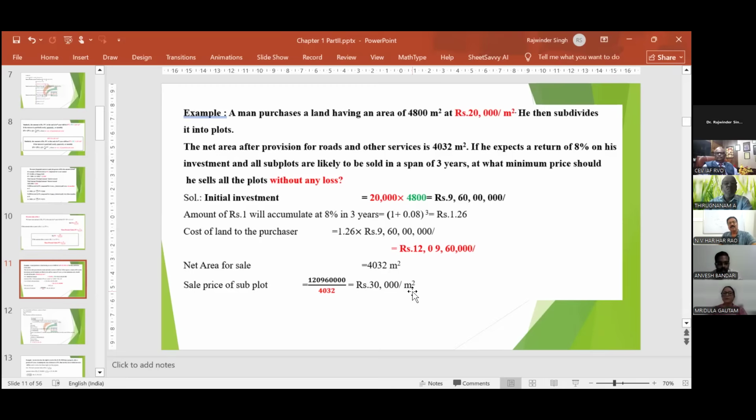We do not know how many plots have been sold in each year, so we will assume that all the plots are sold after 3 years. This is the assumption we have to make, as there is no other choice available from the given data. Any other doubt?